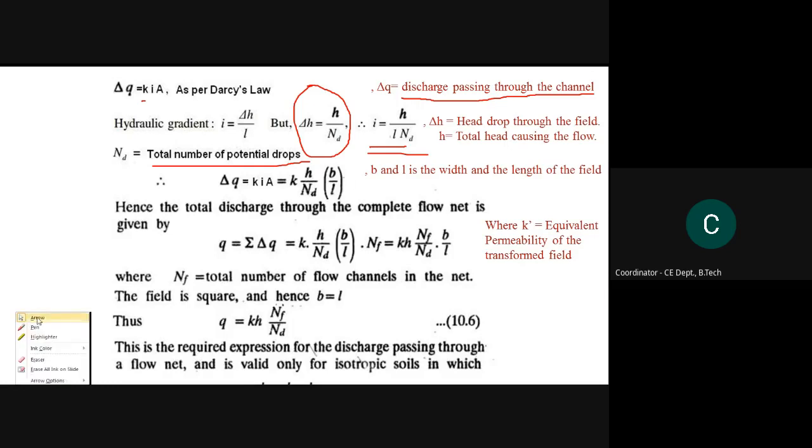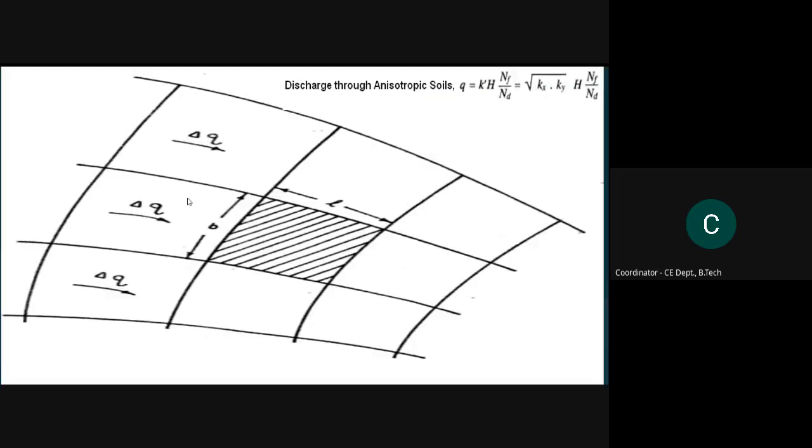So we can write this equation as k into h by nd, into the whole bracket B by L. This is the discharge through an individual channel, or field.